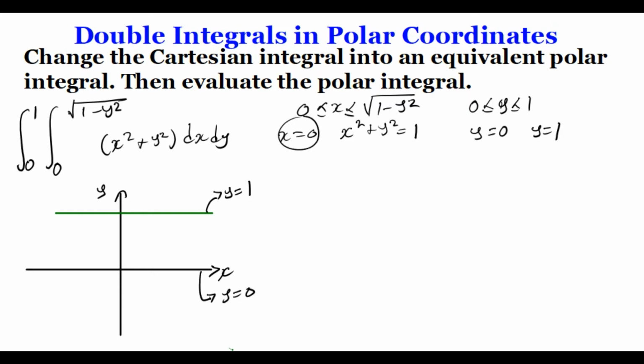Then since I have x is equal to 0, you observe that your y-axis is simply x is equal to 0. Then for our circle, which is centered at the origin, it has a radius of 1, so it will obviously pass at this point, which is 1 on the y-axis. But I don't really have to go as far as the entire circle. I'm just interested in this part right here.